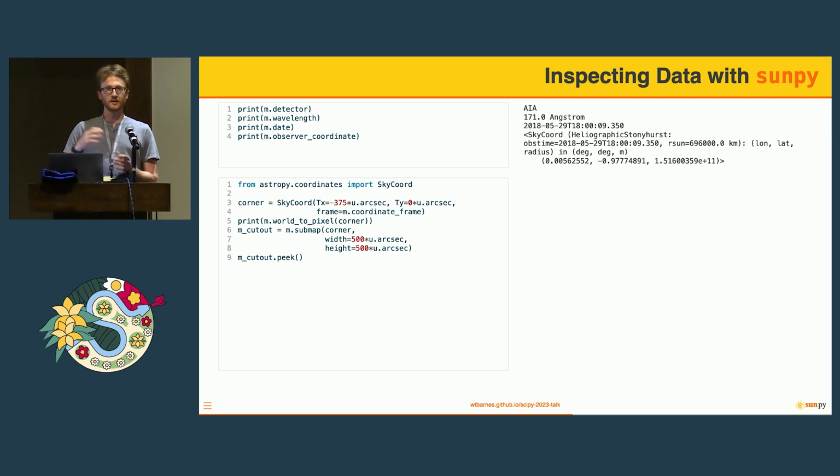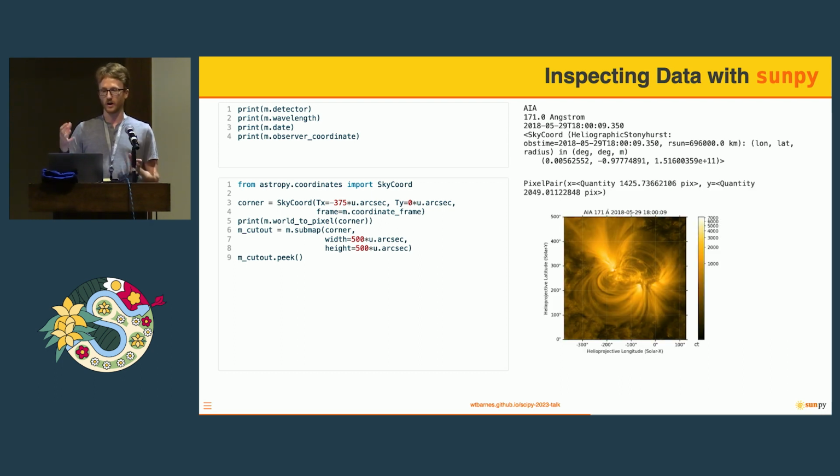Using these data containers and all these really nice rich objects, we can do things like crop an image by expressing where the bounding box of that image is in our physical coordinate system, rather than trying to do this in our pixel coordinate system, for example.